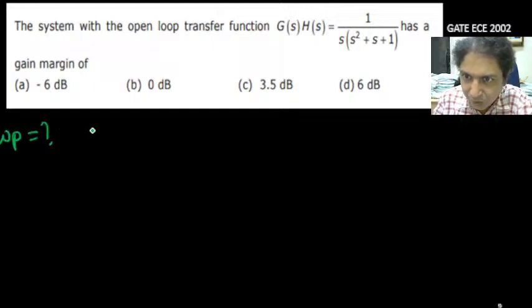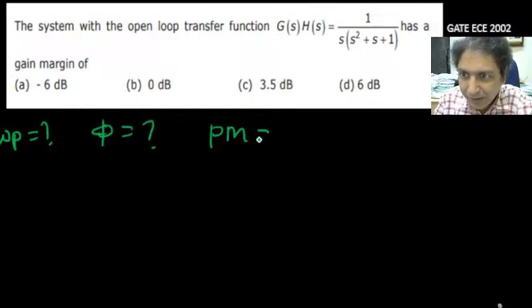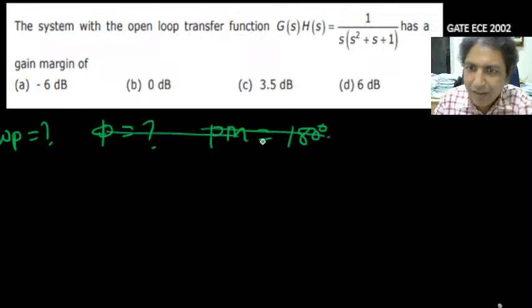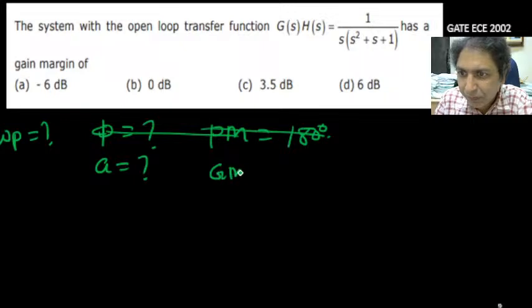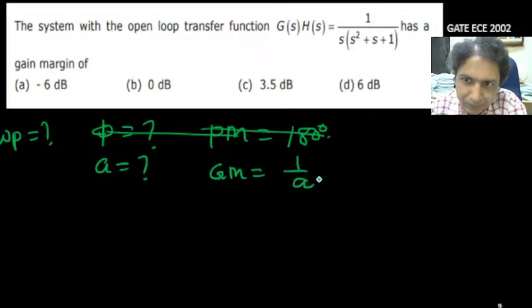At that phase crossover frequency, what is the gain? That gain A you will calculate. So the gain margin would be simply 1 upon A, right?